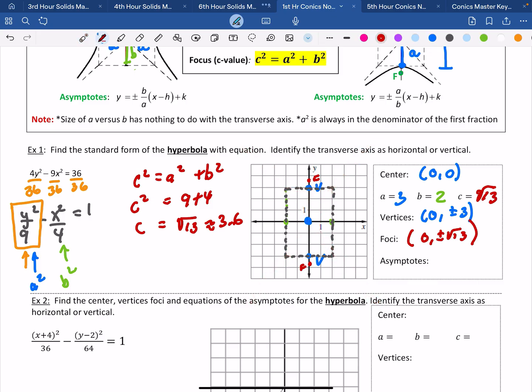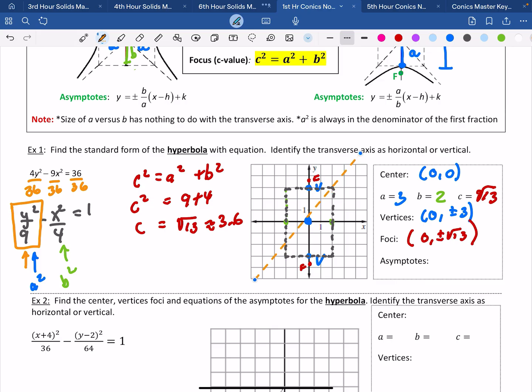All right, so we're going to go ahead and do those as dotted lines. Do not do those as solid, because what those become is asymptotes, meaning our hyperbolas will never ever cross these lines, but will approach them. So that's what we call an asymptote.